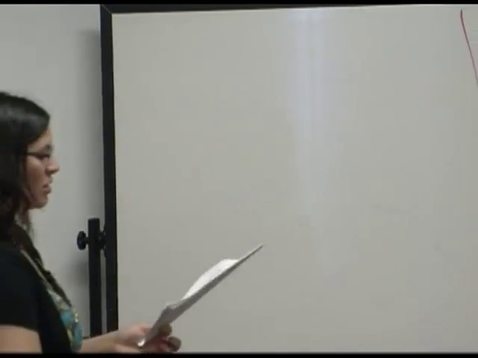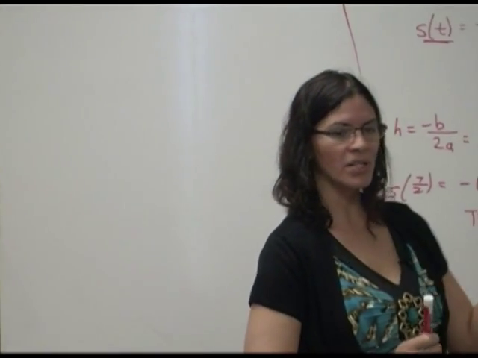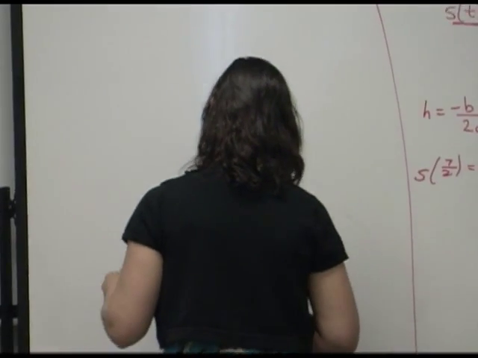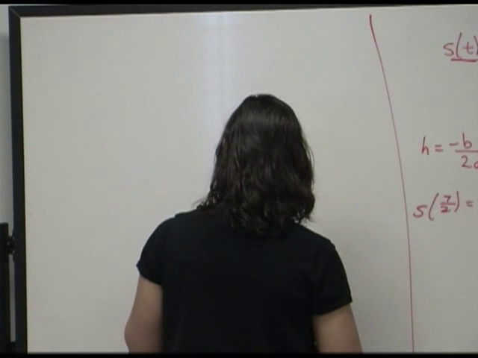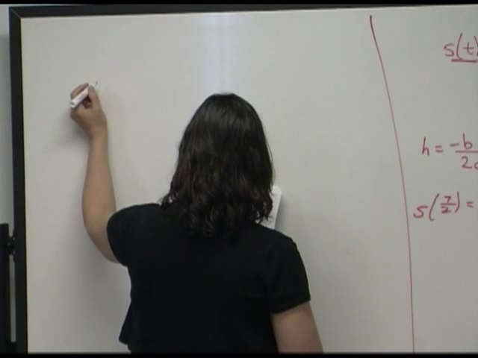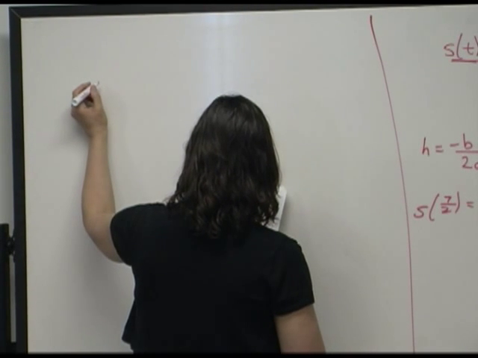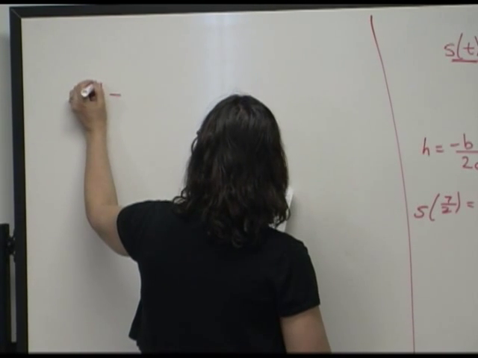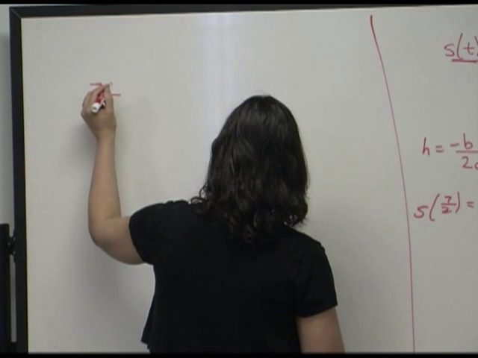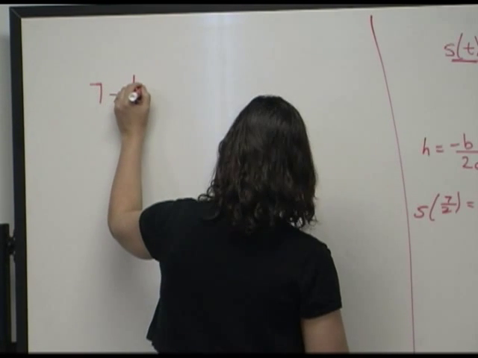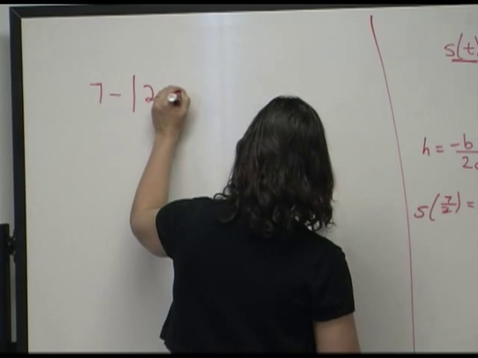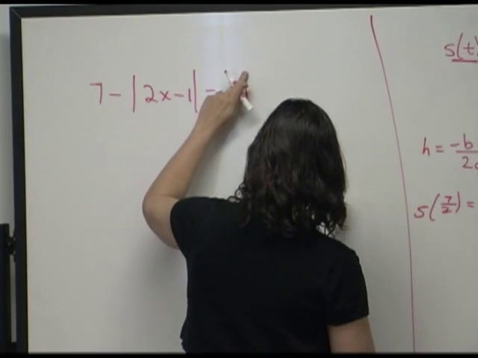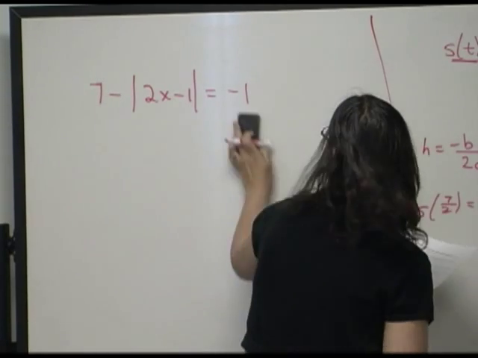Two, right? In order to take those absolute value bars out, we need to do one positive, one negative. Equals 6, sorry.